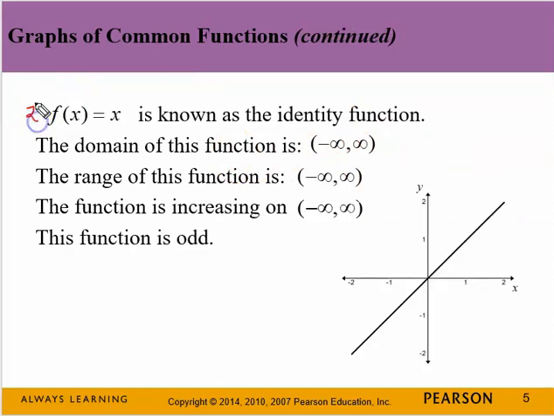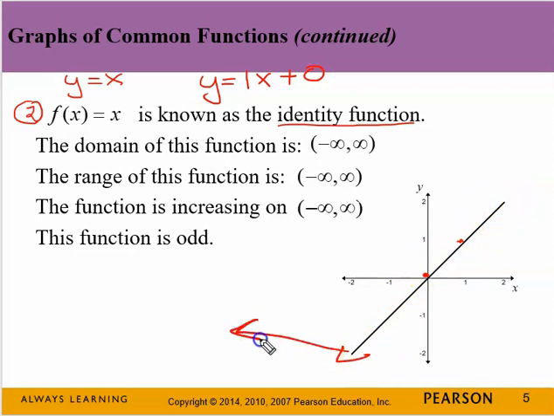Now, for number 2, this function is known as the identity function. So the domain of an identity function, as we see it here, is like y equals x. So the slope would be 1, and the y-intercept would be 0, and the graph then would go through the origin, over 1, up 1, and the line would look like so. Now again, there are arrows on the ends.